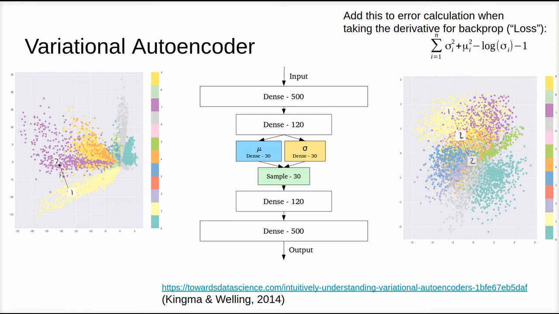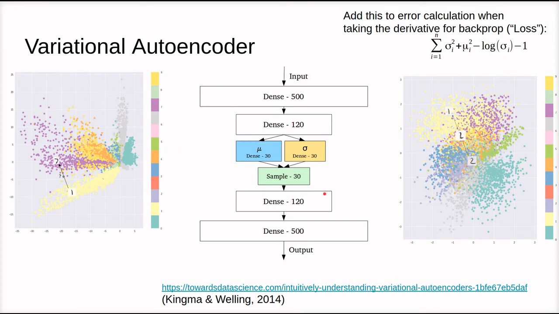So really what we want is something that ensures there's some kind of continuity in this latent space, and that there are smooth transitions from one representation to another. And this is where the variational autoencoder comes in.